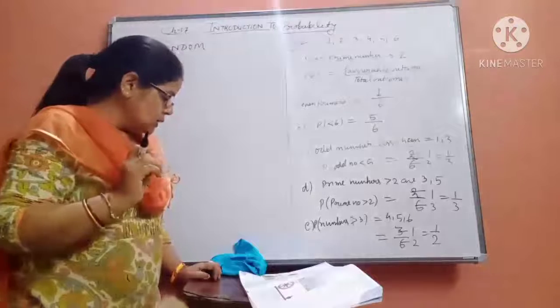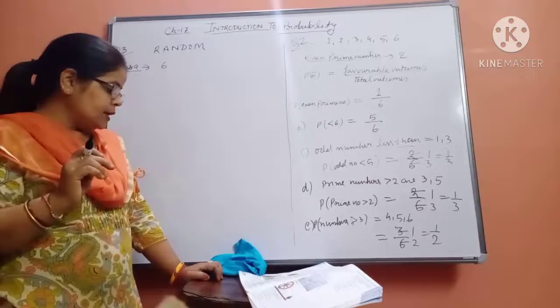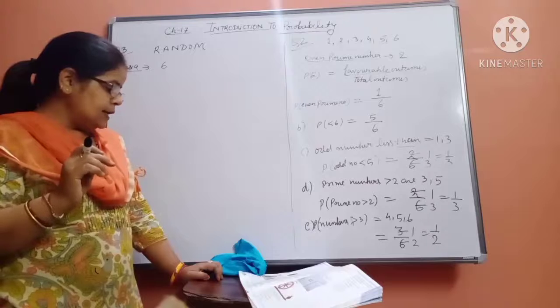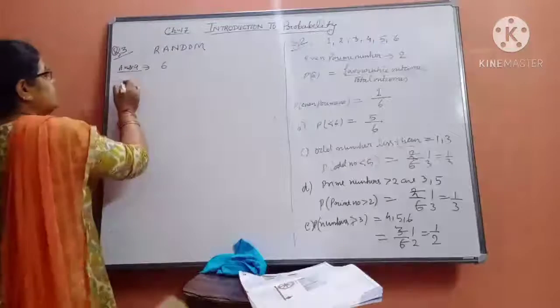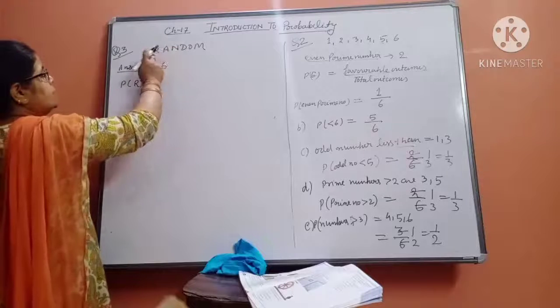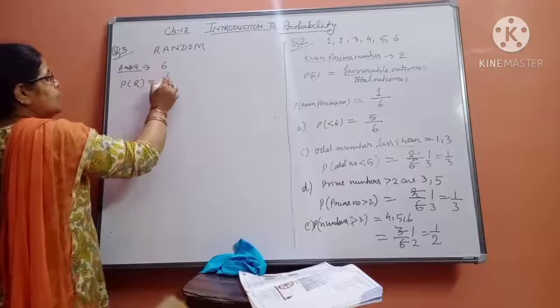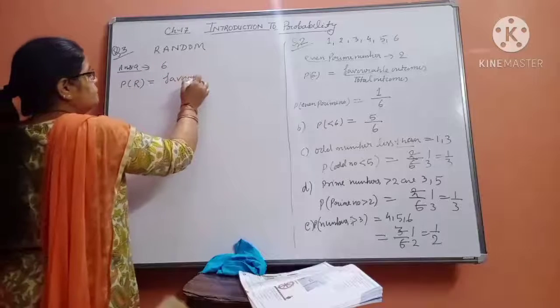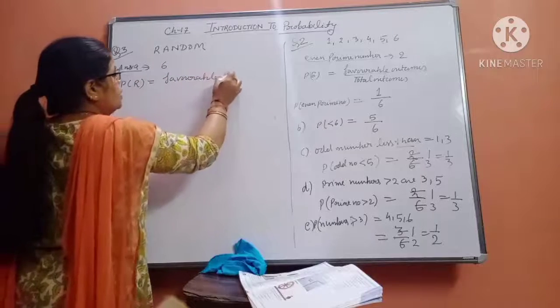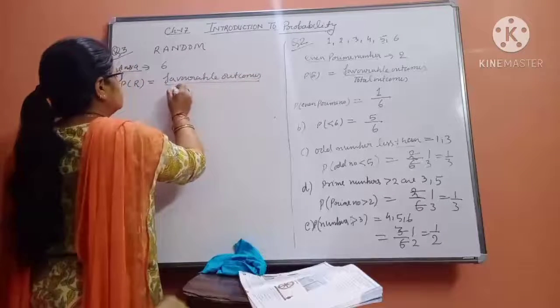Now see, beta, what is the probability of the following alphabet being taken out? You have to find the probability of R, how many times it is in the bag. Probability of R is equal to, first of all write favorable outcomes upon total outcomes.